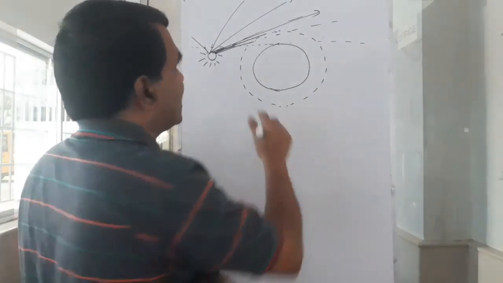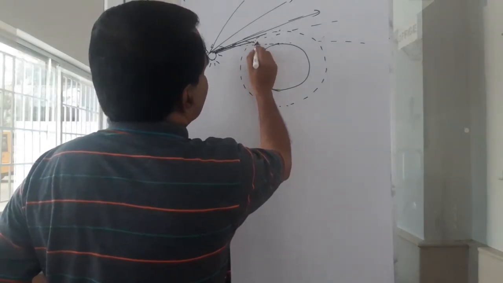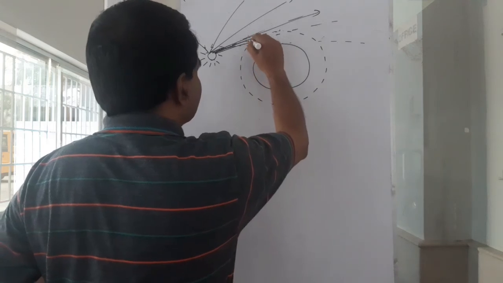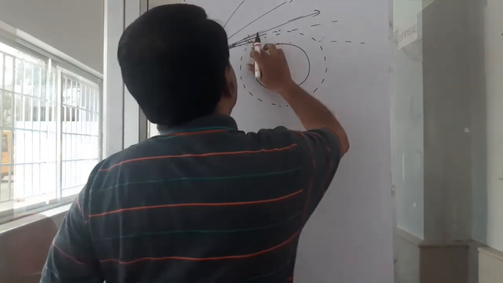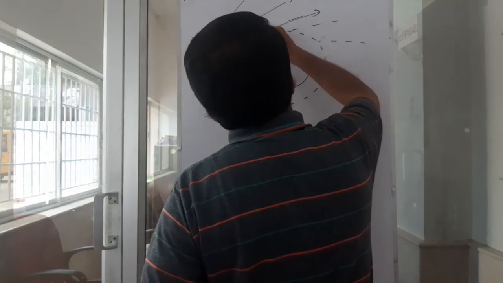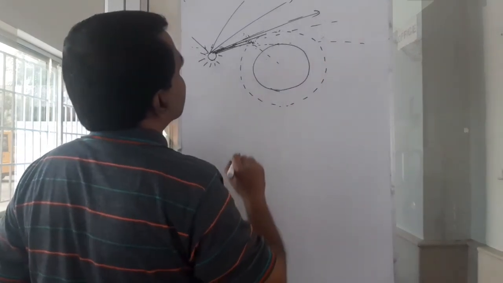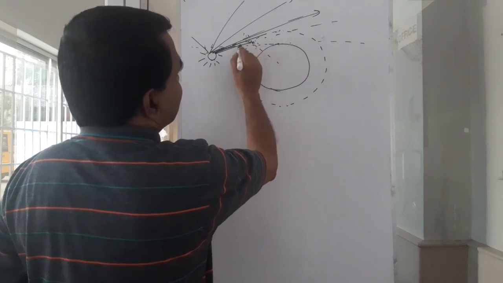So there's a normal. Suppose this is a normal. Okay, so you see, now it is becoming dense.